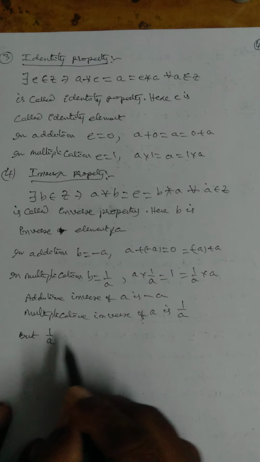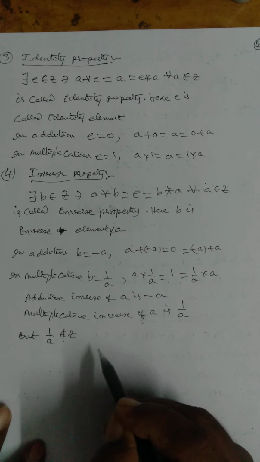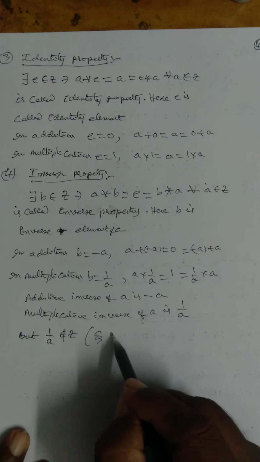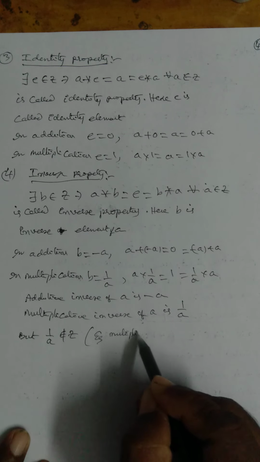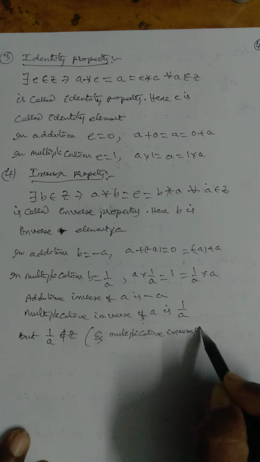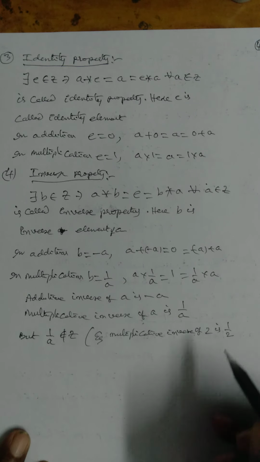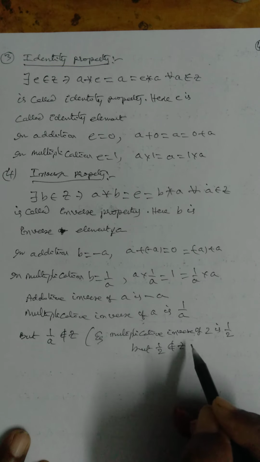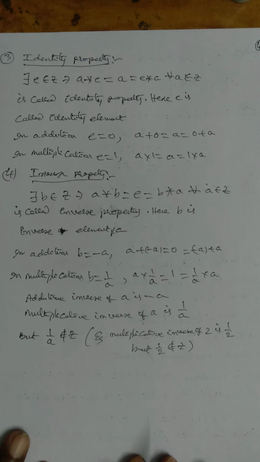But 1 by A does not belong to Z. Example, multiplicative inverse of 2 is 1 by 2. But 1 by 2 does not belong to Z. Fractions do not belong to integers.